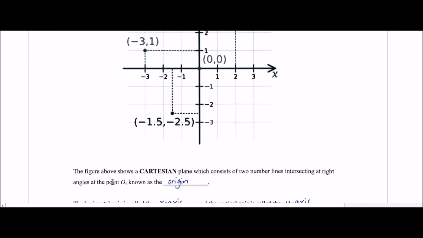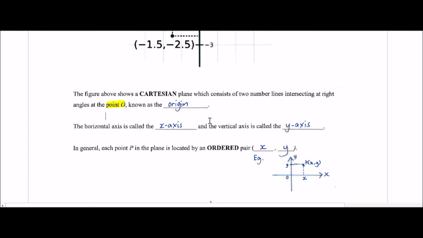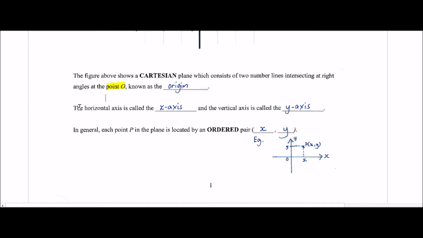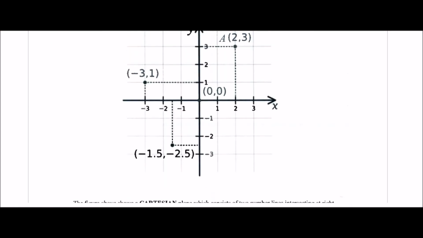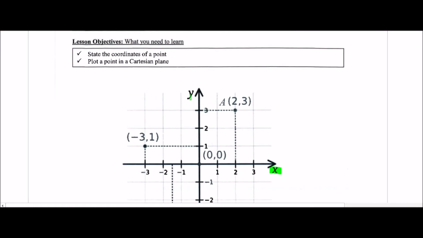We assign the letter O to call it origin. Now, as I said just now, the horizontal axis is called the x-axis, which we label with the letter X over here, and the vertical axis is the y-axis, which we label with the letter Y.